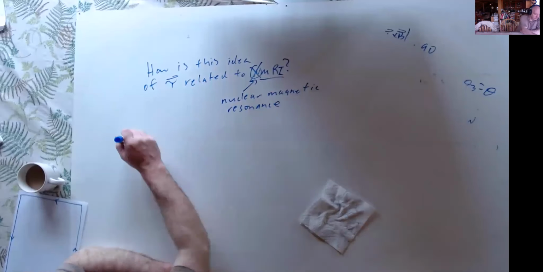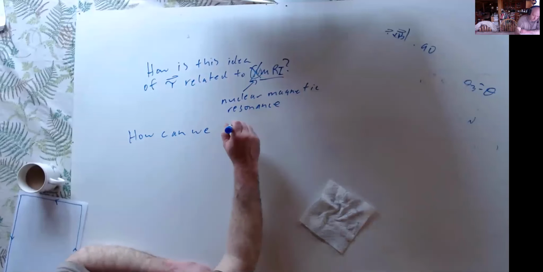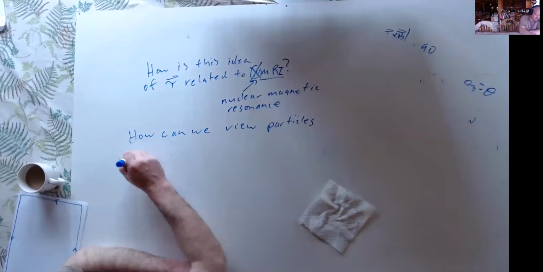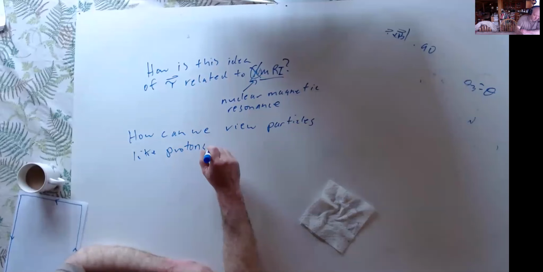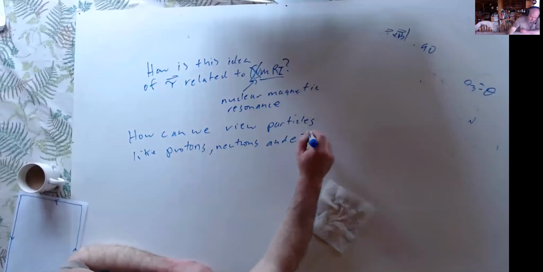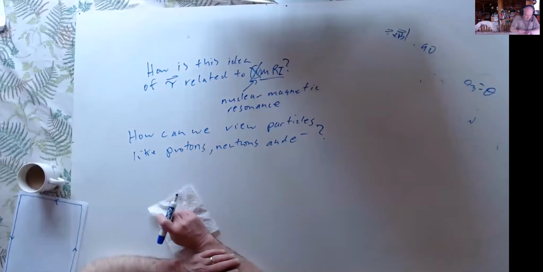So first of all, how can we view particles like protons, neutrons, and electrons? Okay, what I'm going to give you is not true, but it turns out it works really, really well.